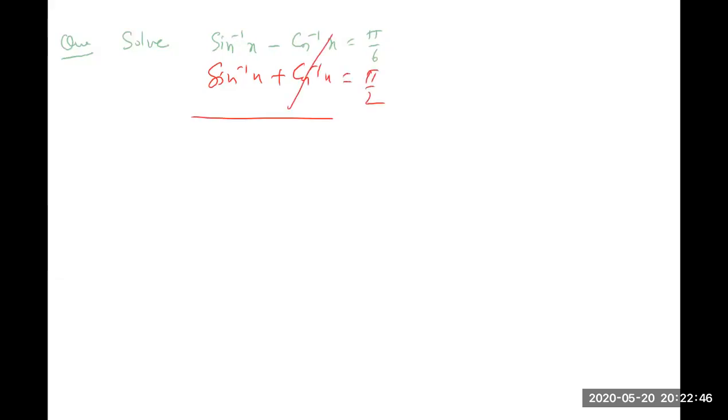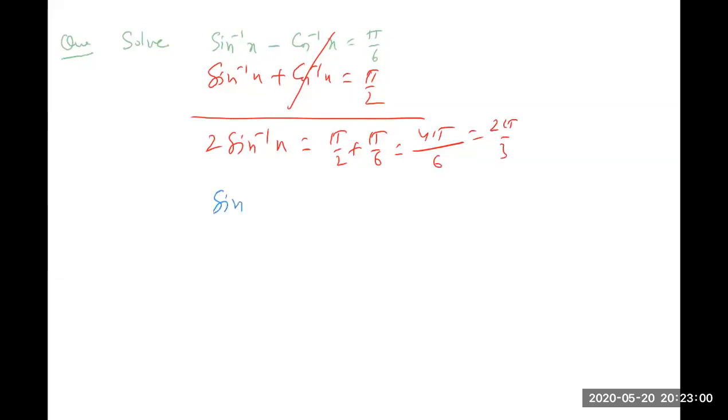Adding both of them, we get 2 sine inverse x is equal to pi by 2 plus pi by 6, which is 4 pi by 6, equal to 2 pi by 3. So sine inverse x is equal to pi by 3. So x equal to sine pi by 3, sine 60 degree, root 3 by 2.